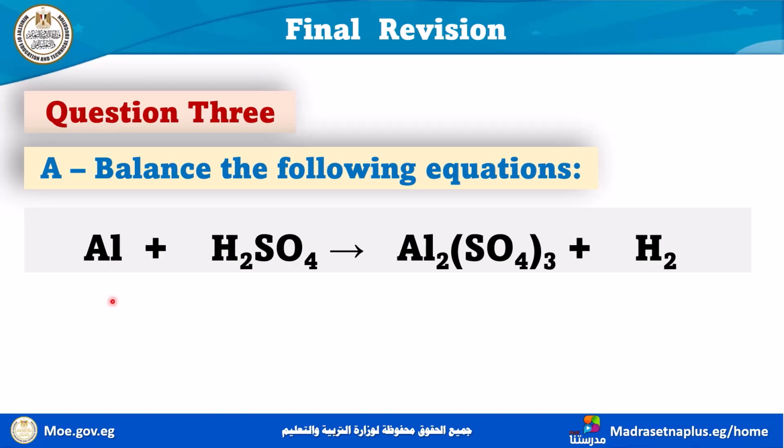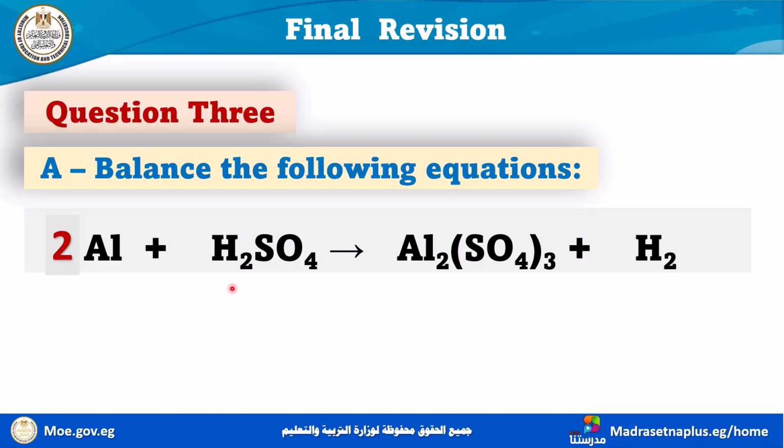So let's start by counting the first element, aluminum atoms. We have only 1 aluminum atom in the reactants, while we have 2 aluminum atoms in the products. So we will start by adding 2 before aluminum.